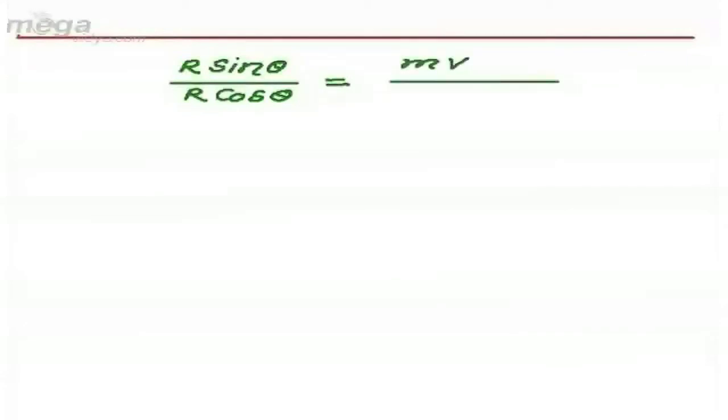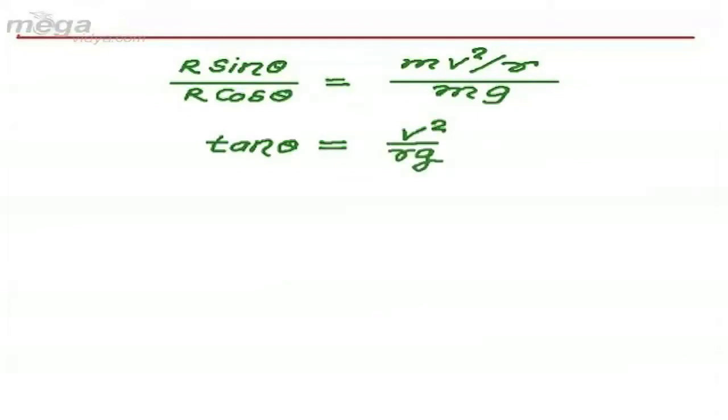Now I can write R sine theta divided by R cos theta equal to mv square by r divided by mg, which yields tan theta is equal to v square by rg.